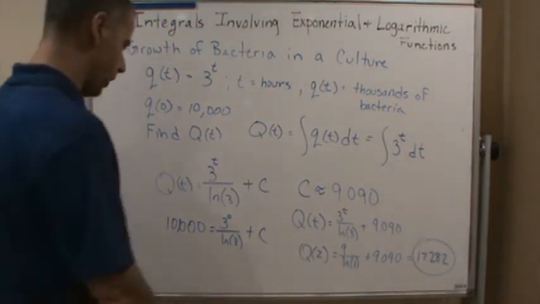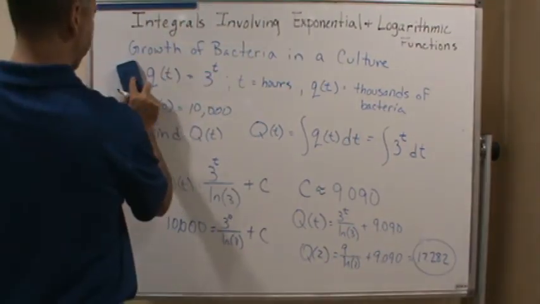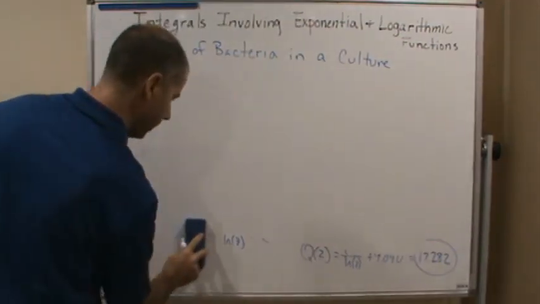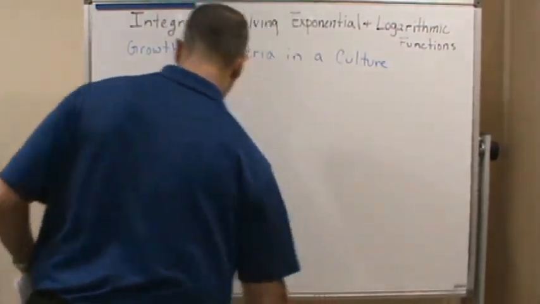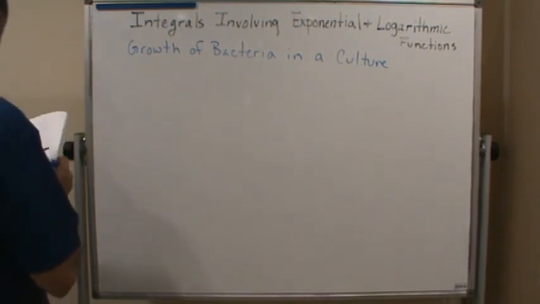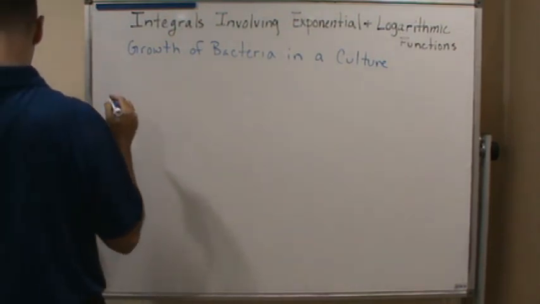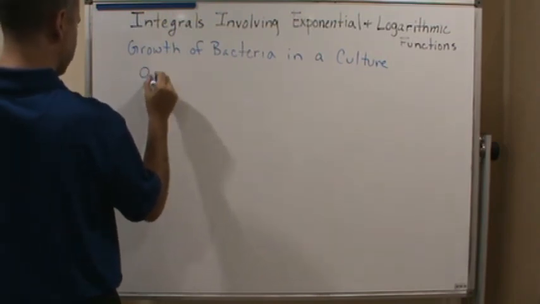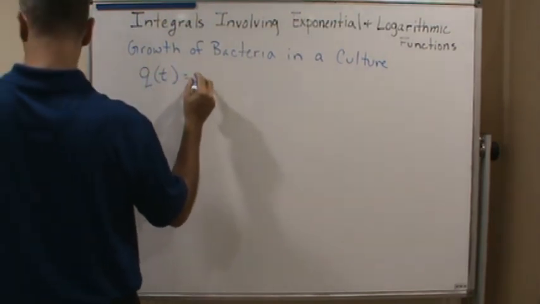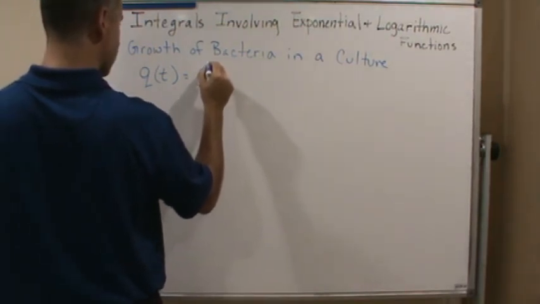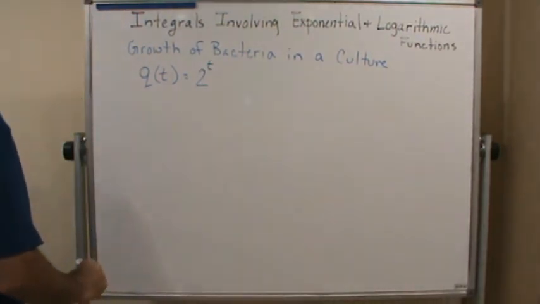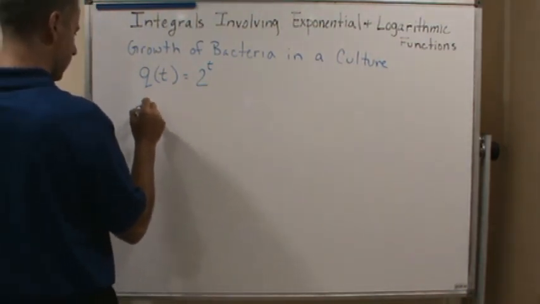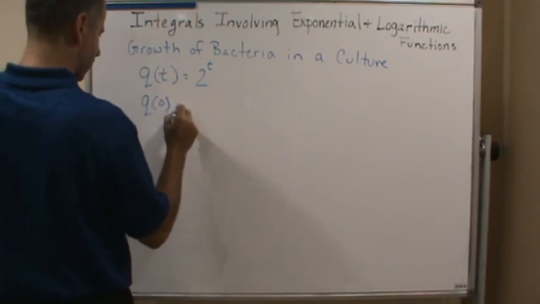So now, here's one for you to work on. Let's say we have this situation. Let's say that instead we have Q'(t) equal to 2 to the t, and we're going to assume that Q of 0 is 10,000.